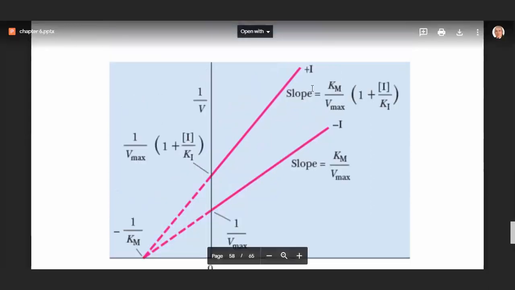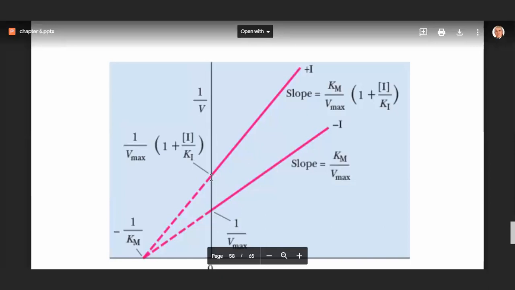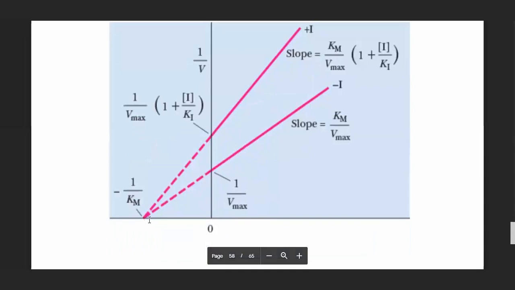Now, when we add this type of inhibitor, called non-competitive, you see these lines do not meet here at the y-axis. If we extrapolate this until the end, then they meet here. So what we conclude is that Km does not change, as I said, and Vmax indeed decreases.